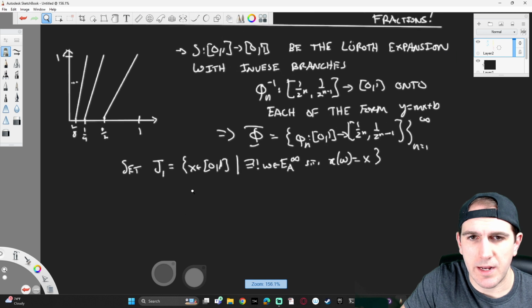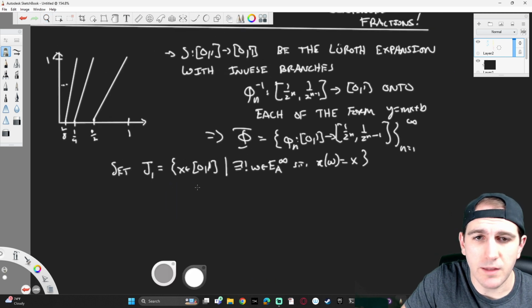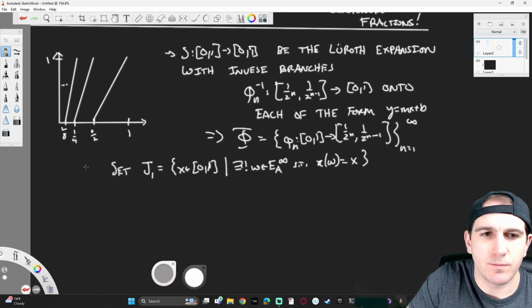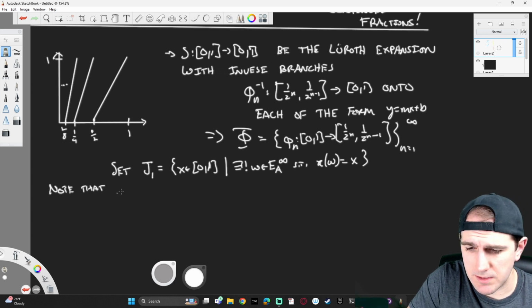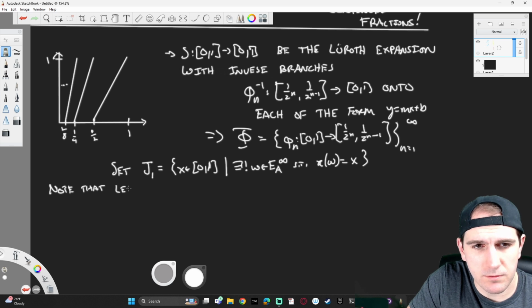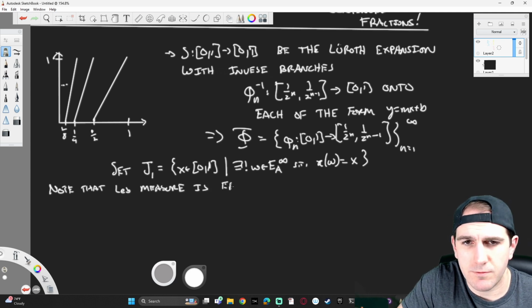Then I can go ahead and calculate the Lyapunov exponent. So first we note that Lebesgue measure is ergodic for this system.